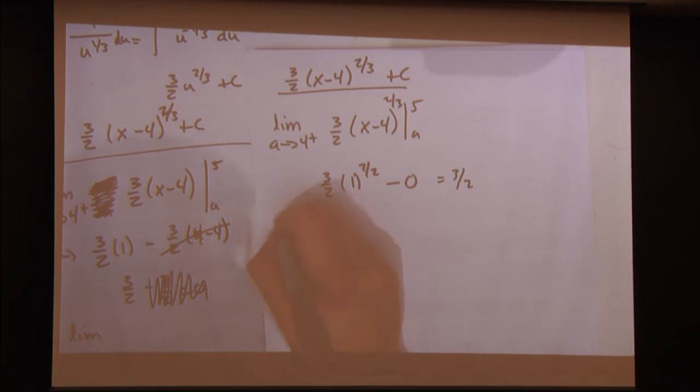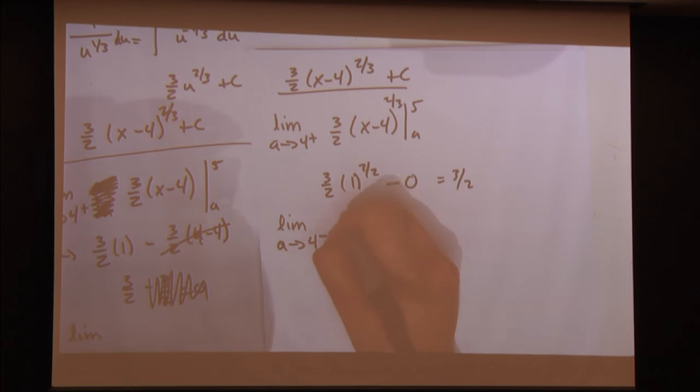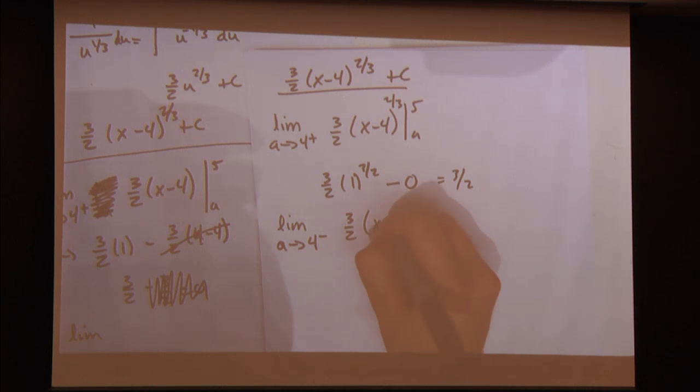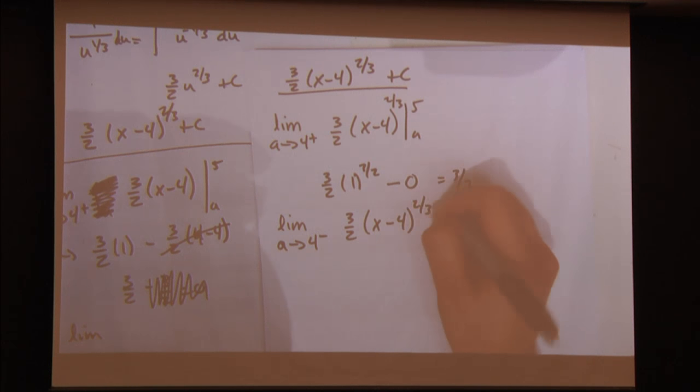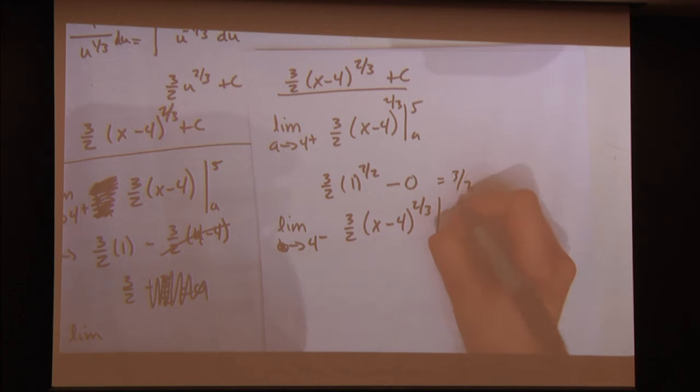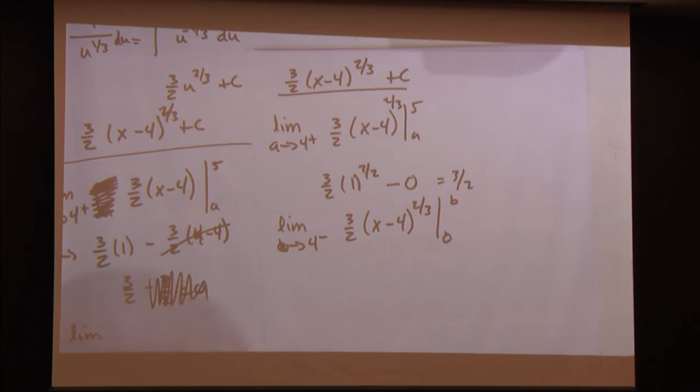I know math. I got an A in DE. I can do this. Okay, so it's 3 over 2 from x minus 4, 2/3. This is B. From B to 0. It is 0, right? Yes, it's 0. We're good. Okay, so if I plug in B, it's 0. It dies.